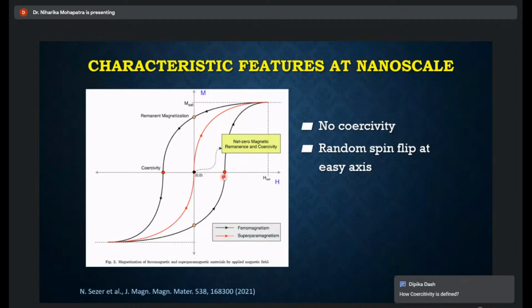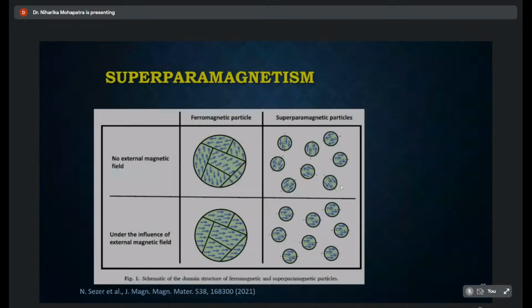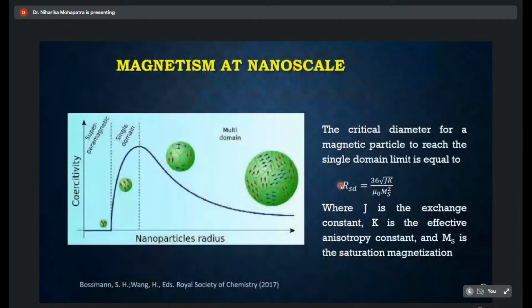This shows a comparison between the hysteresis loop of a ferromagnet, the outer one, black line, and the red line, which represents the behavior of a superparamagnet. There is no hysteresis, and there is random spin flip at each axis. I'll explain why I call it random spin flip.